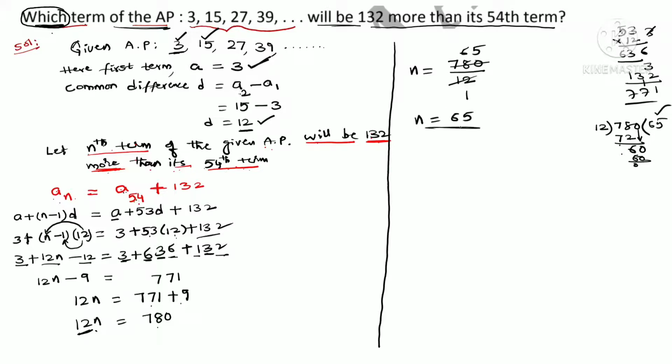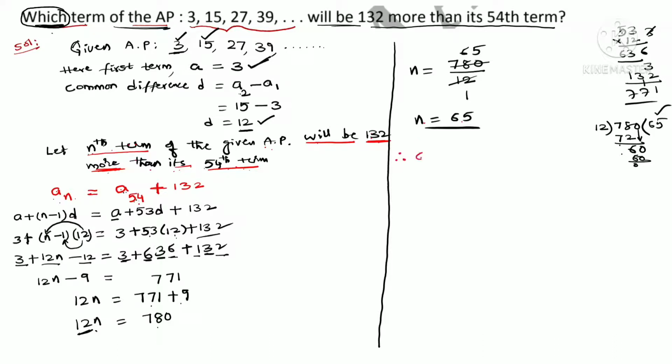So that n equal to 65, we have to substitute and write the conclusion line here. So what is the conclusion line? Nth term. So which term? n refers to 65.